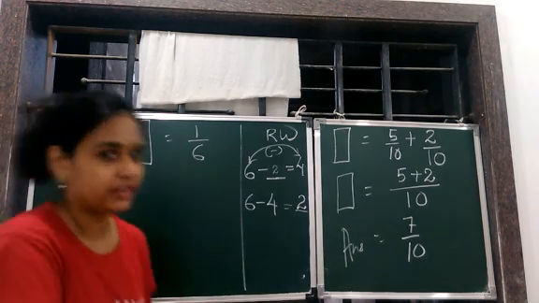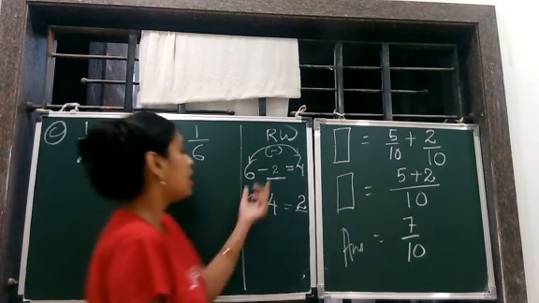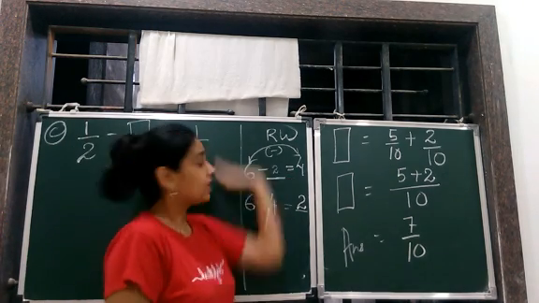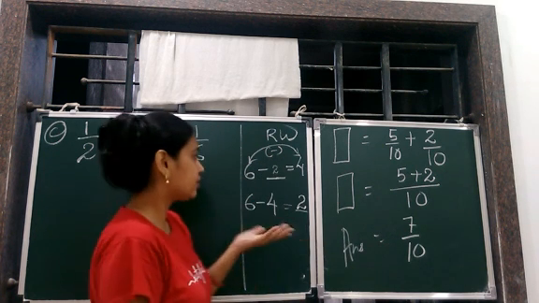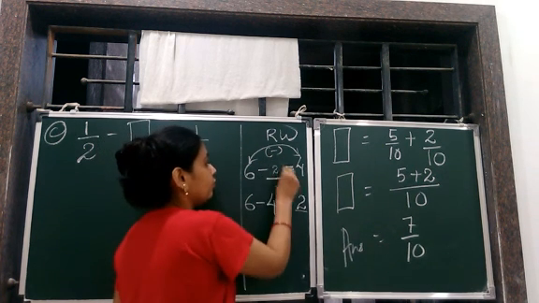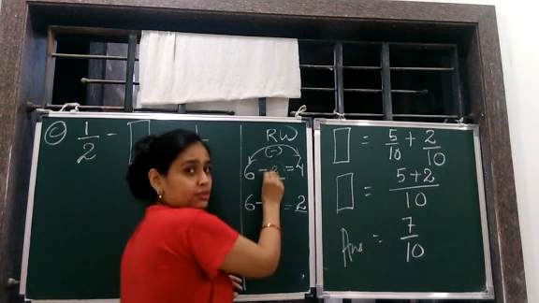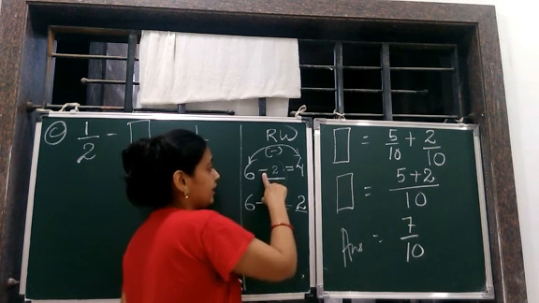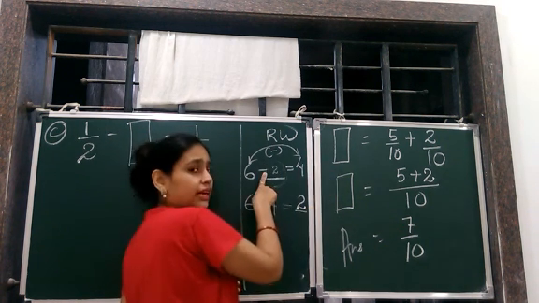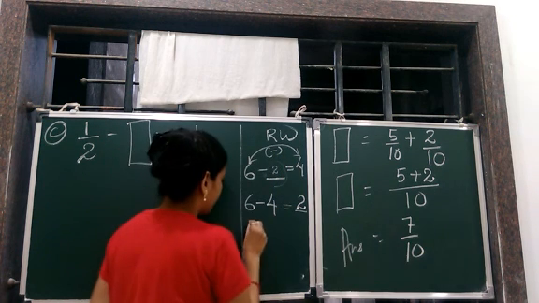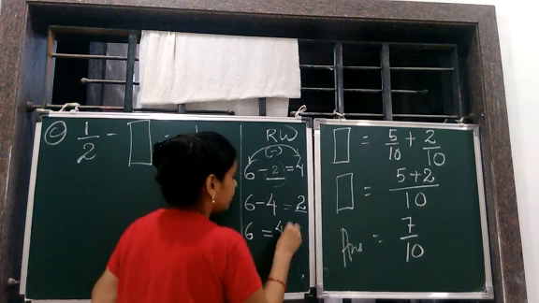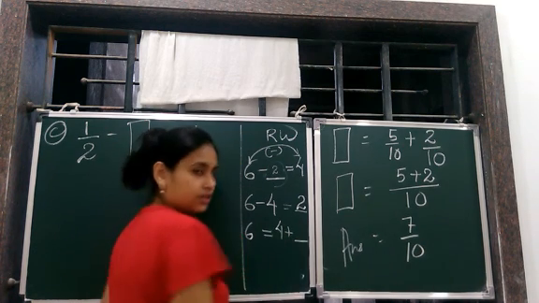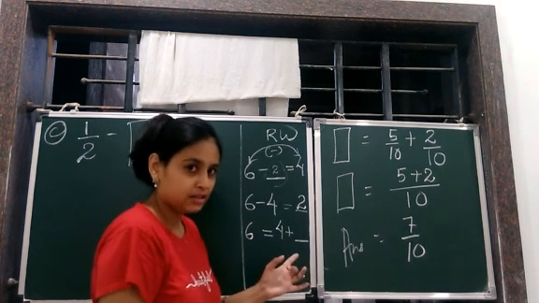Now we look at this in another way, by changing the position. Now this is negative, so first, to remove the negative sign, we shift it here. This is minus, it becomes plus. So 6 is equal to 4 plus dash. Okay? Minus becomes plus, correct?